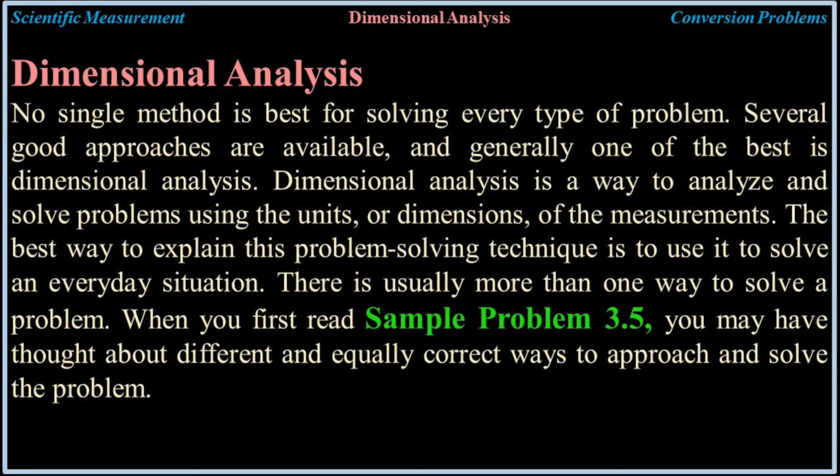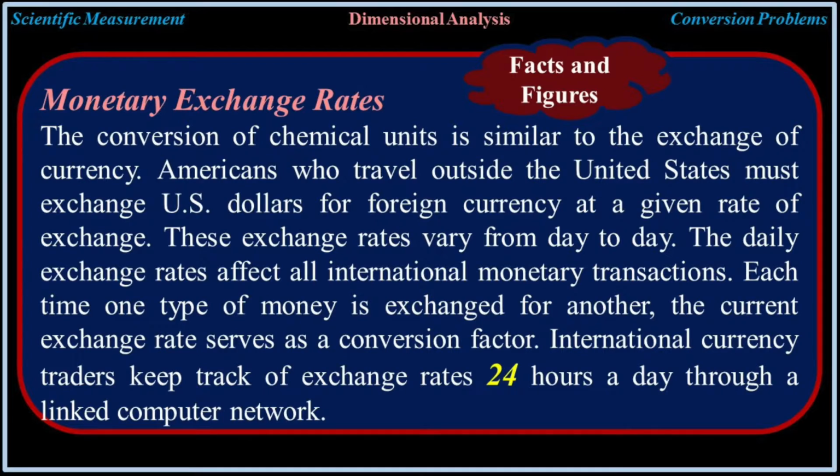There is usually more than one way to solve a problem. When you first read sample problem 3.5, you may have thought about different and equally correct ways to approach and solve the problem. In physics, it's a little different. Chemistry and physics utilize dimensional analysis a bit differently. So be ready in physics to look at dimensional analysis a little bit differently, but I will explain more during class.